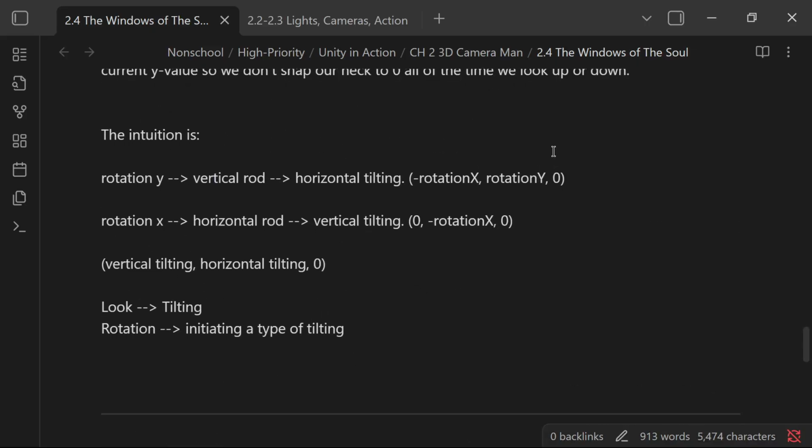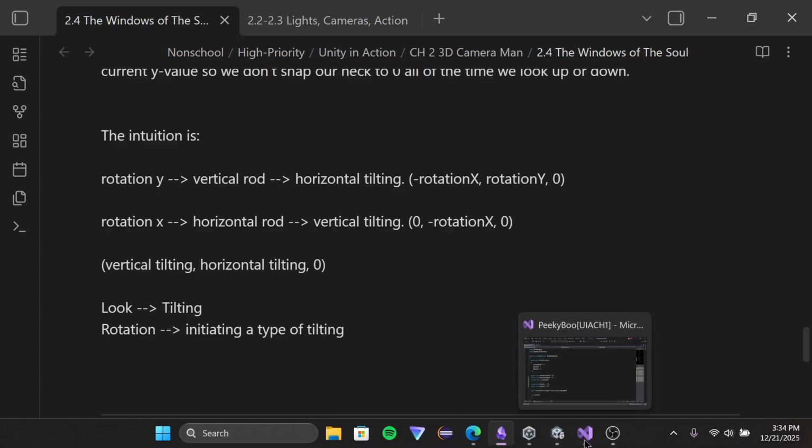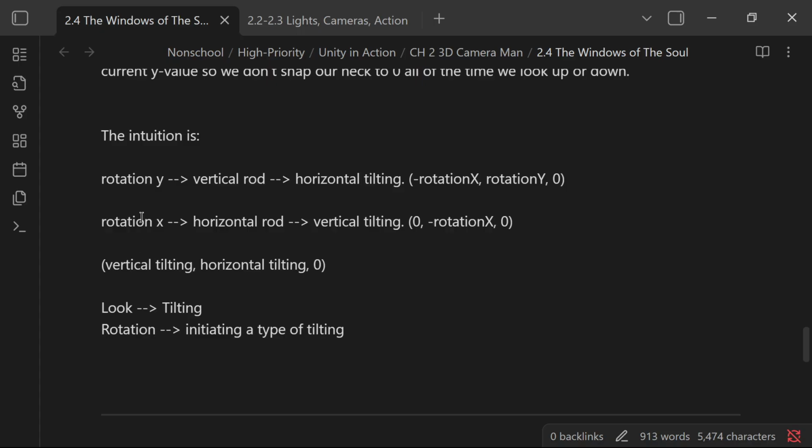Now that we have an idea here, maybe it doesn't really make sense, so we can actually apply this to the control statements. But just think of a Y rotation as a vertical rod and us making that vertical rod move.